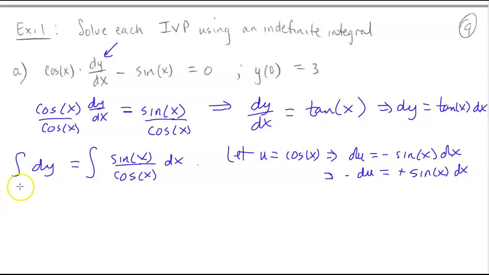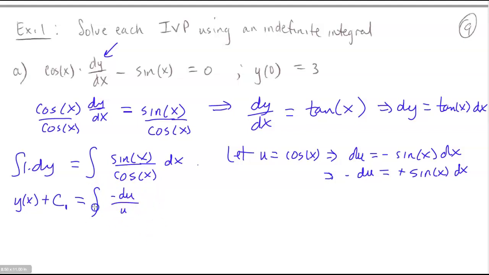On the left side, the antiderivative of 1 dy would just be y, or y of x, plus some constant, and I'll call this C1 for now. Over here, cosine is going to be u, and sine x dx can be replaced by minus du, okay?